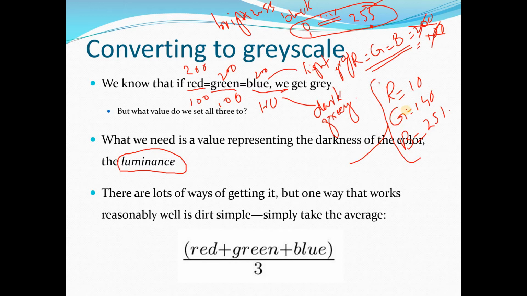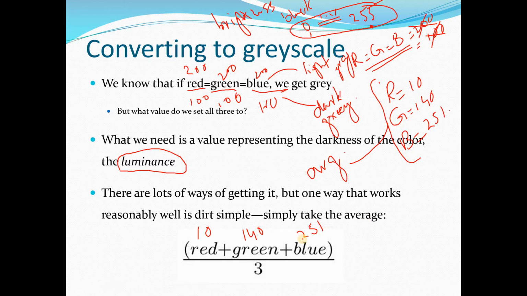So we convert this color pixel into the value which is the brightness of that pixel, and we get it by taking the average. If I have these three values, I will take 10 plus 140 plus 251, add them up and divide by 3.